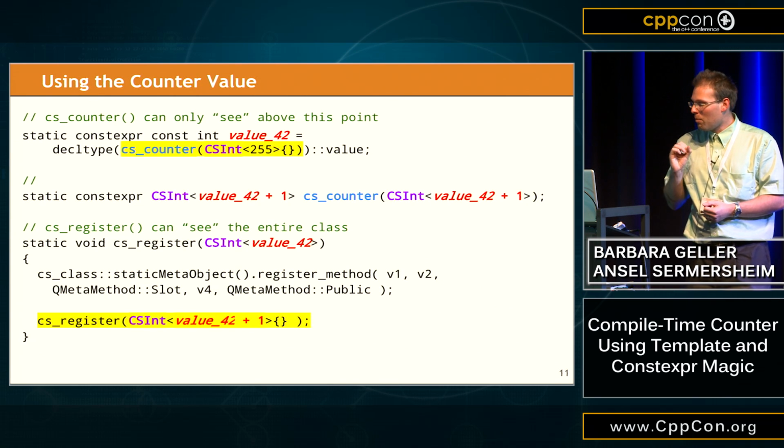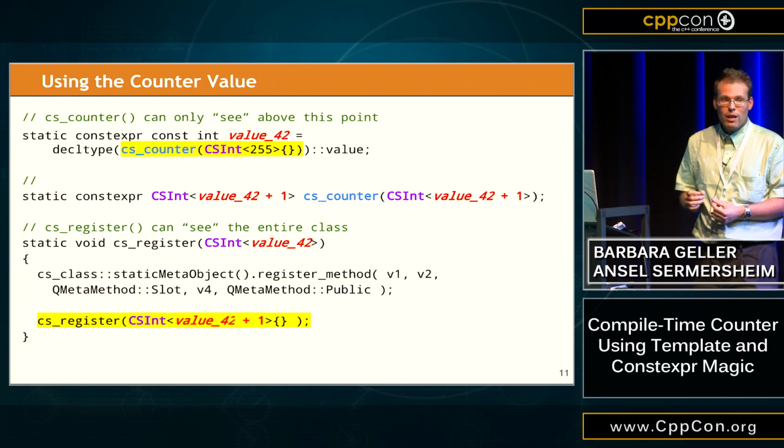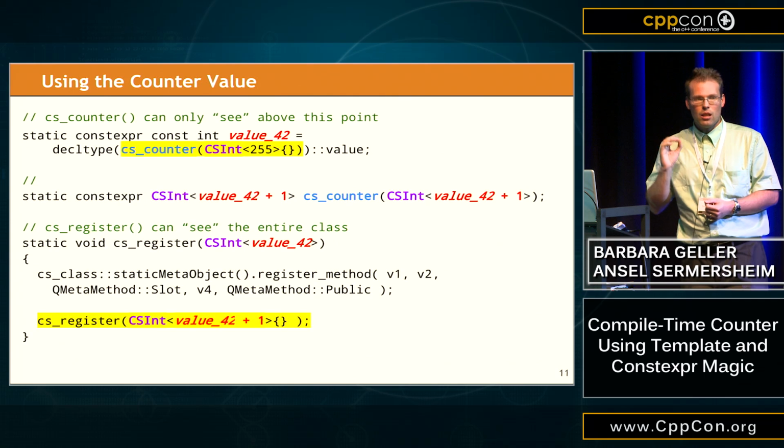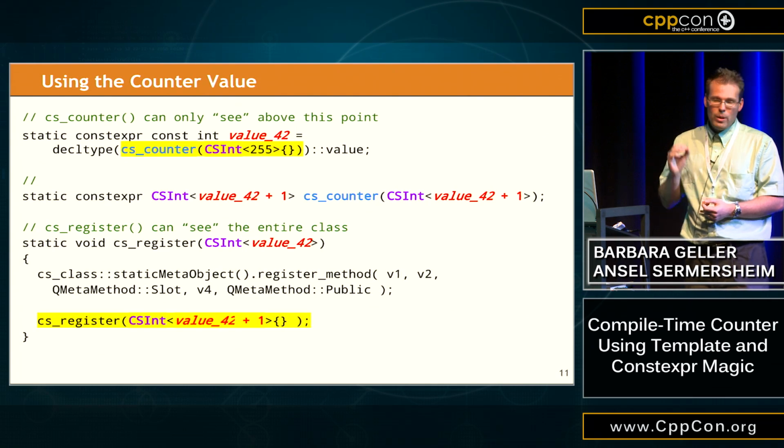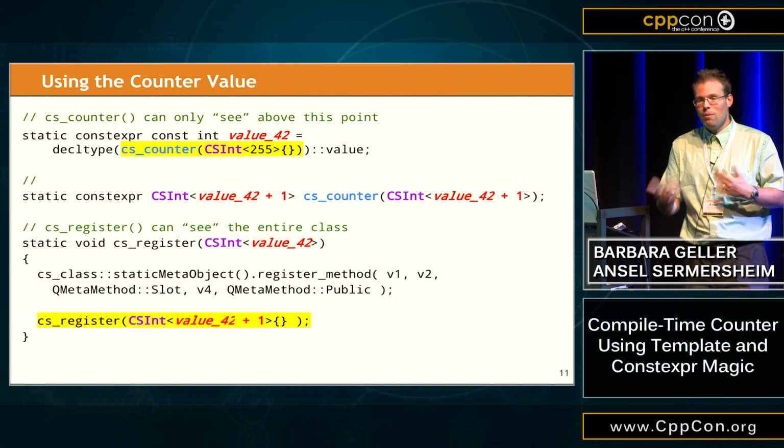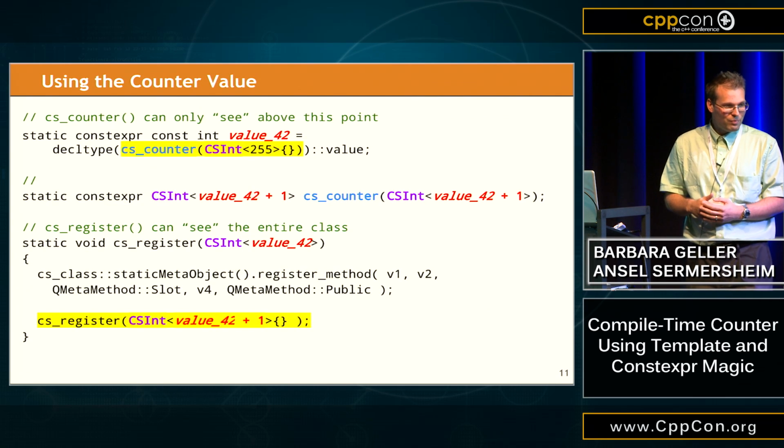And this becomes very important because if you'll note at the top of the screen, what we have is a static const member variable, which means in this context at the top, the compiler is not permitted to look at any methods that are declared below that line for purposes of evaluating that decltype. However, inside the method at the bottom of the screen, the compiler can see the entire class, even methods that have not yet been declared.